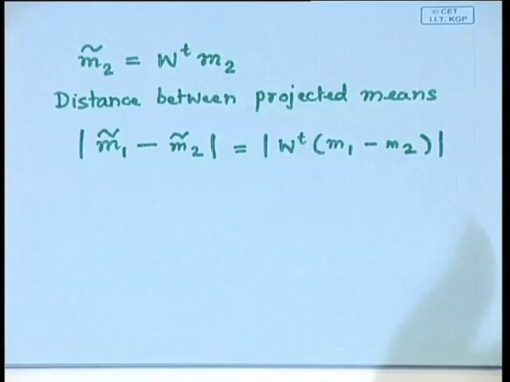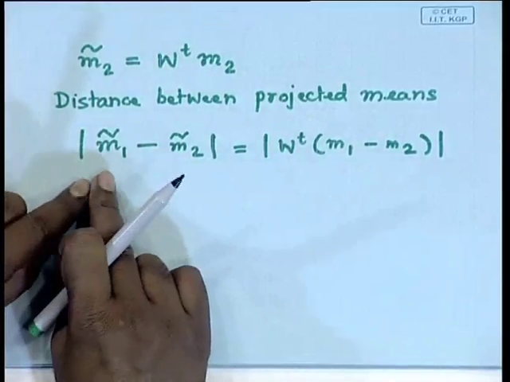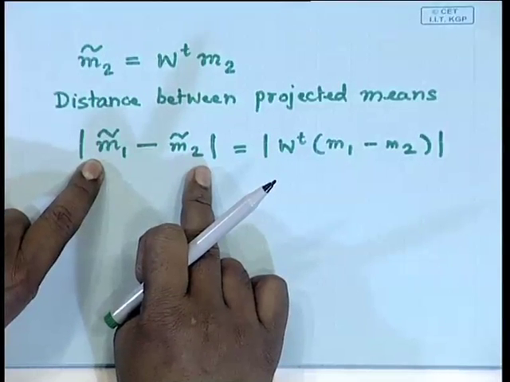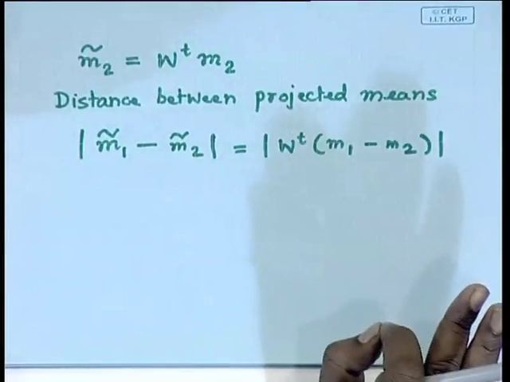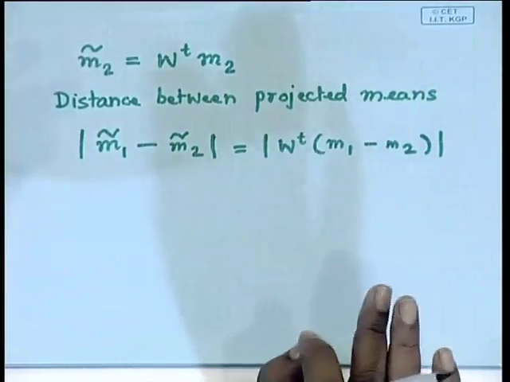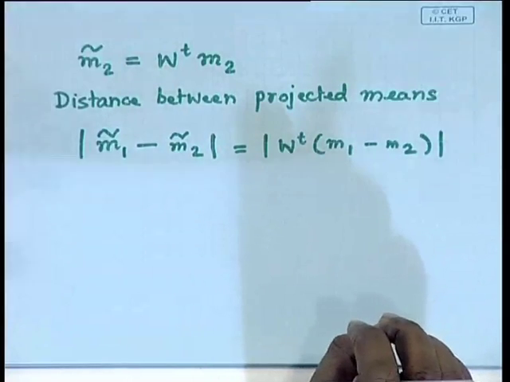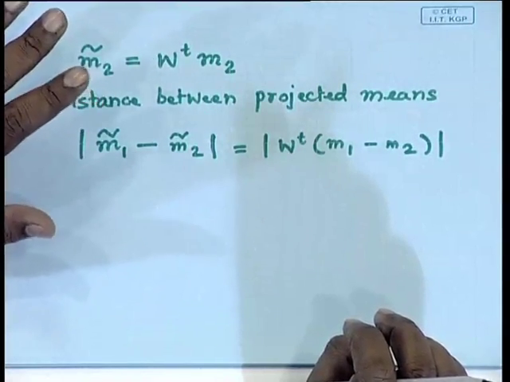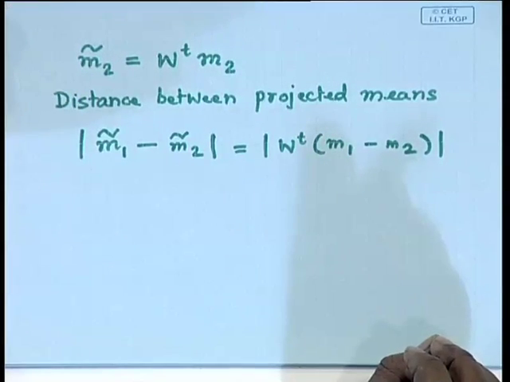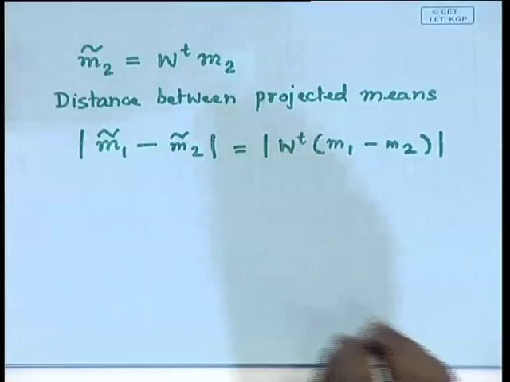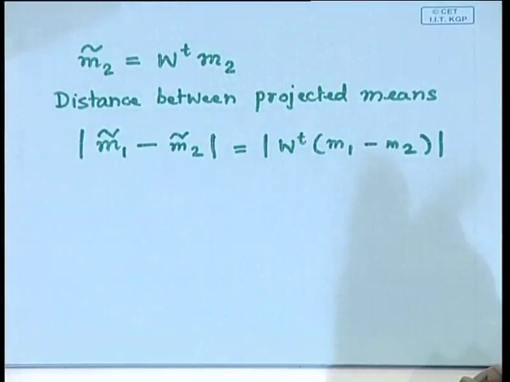Obviously, that is not justified or not very logical, because how much difference between M_1 tilde and M_2 tilde I need for good classification depends upon the variance of the samples within set D_1 and the variance of samples within set D_2. This variance will indicate what the difference between M_1 tilde and M_2 tilde should be.